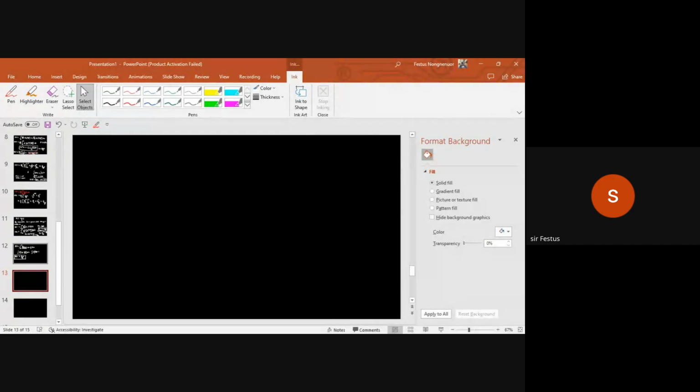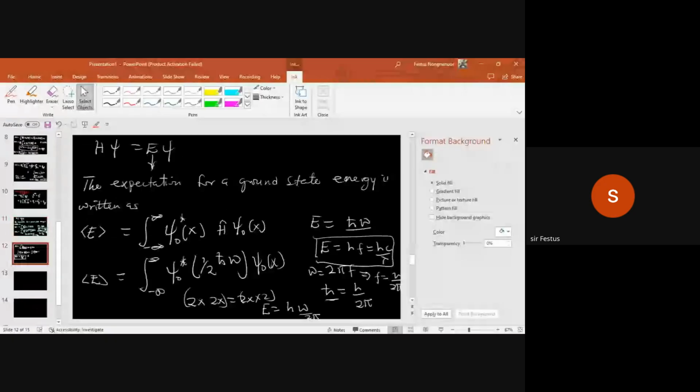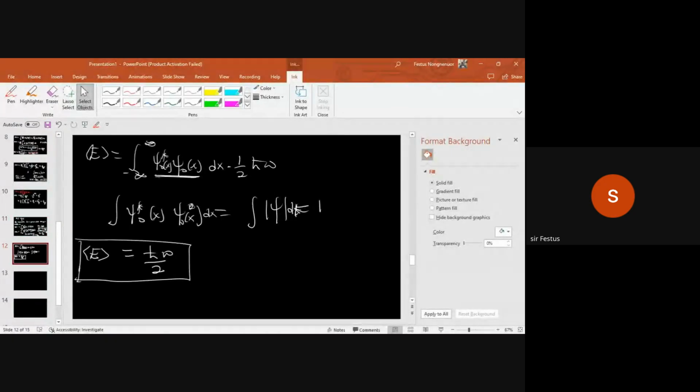So what I mean is this one is what we call normalized. So we saw normalization. So this one is normalized to 1. It's a function, but when you normalize it, it gives you a value. Okay.